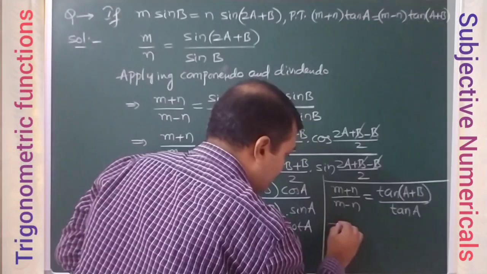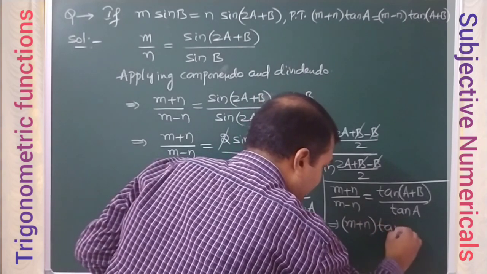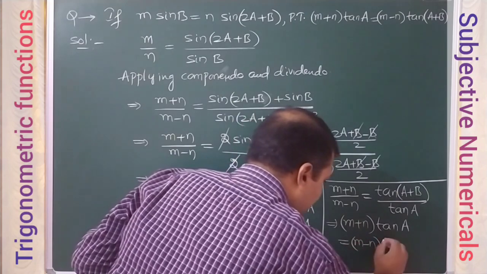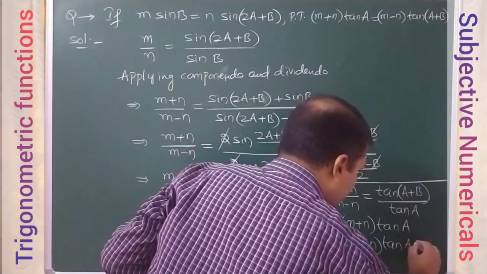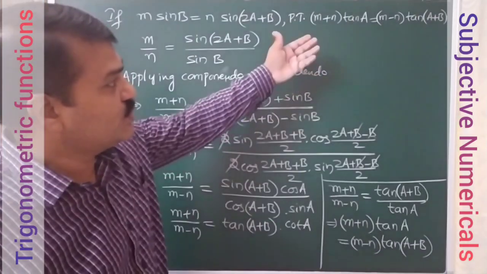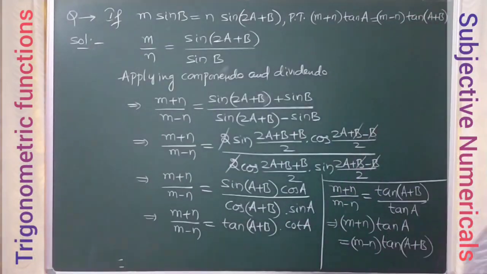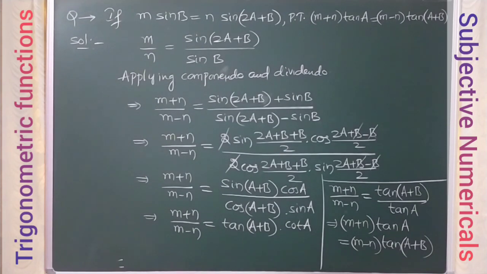Cross multiplying, you will get m plus n into tan a is equal to m minus n into tan of a plus b. And this is what we have to prove. So the proof is completed. This is a clear-cut example of componendo and dividendo. Okay, so let us conclude here. In the next video we will discuss some more numericals.